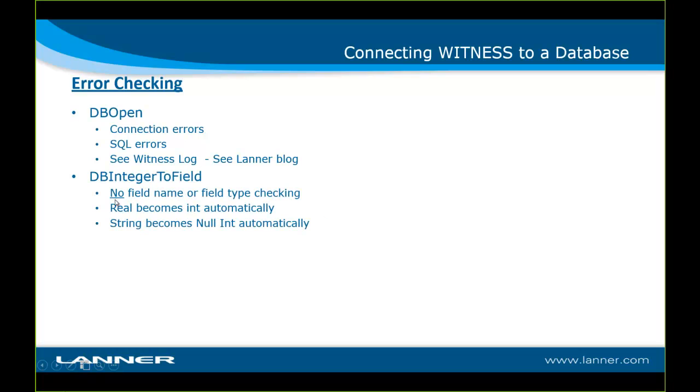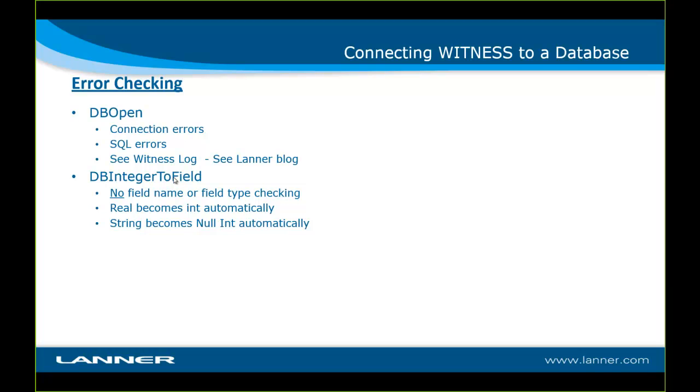Integer to field. A few things to be aware of. There isn't any field name or field type checking when you try and connect. If you put in your SQL string a field that doesn't exist, it may crash. But when you're doing integer to field, if you try and output to, in my model for instance, a field called port instead of a field called part, it won't tell you that there's a problem.